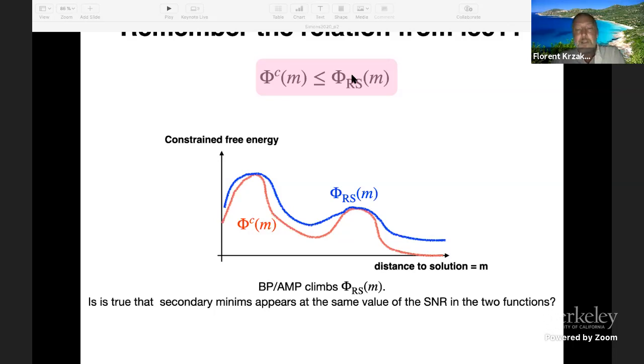This is interesting because it gives us a relation between an iterative algorithm and the replica symmetric potential, which is surprising: the algorithm is connected to the replica symmetric potential and not to the constrained potential. In my opinion, that is something interesting.